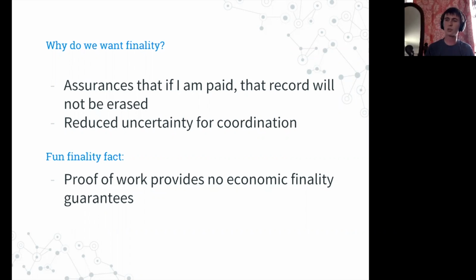What we're trying to do is create a mechanism with Casper which is resistant even if the validators form cartels, and they form groups.